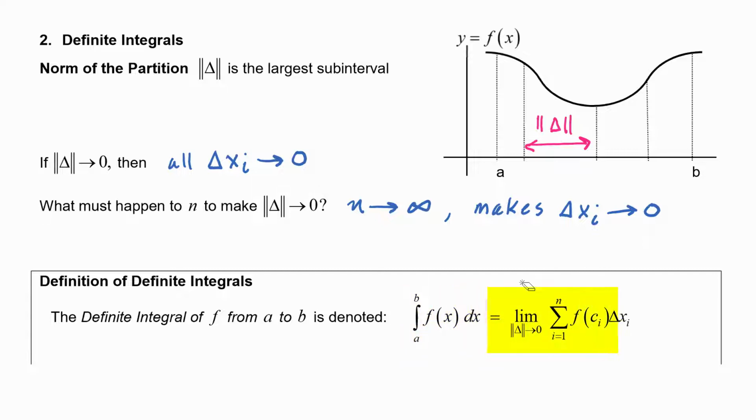That is defined to be the limit as the norm of the partition goes to 0 of the summation i equals 1 to n of f of c sub i delta x sub i.